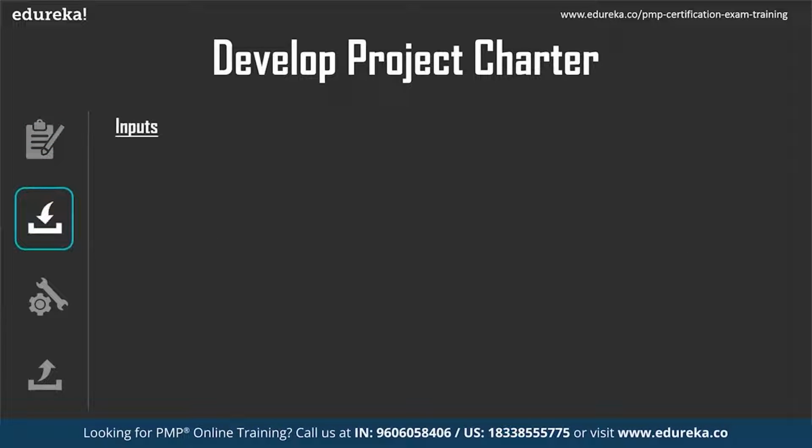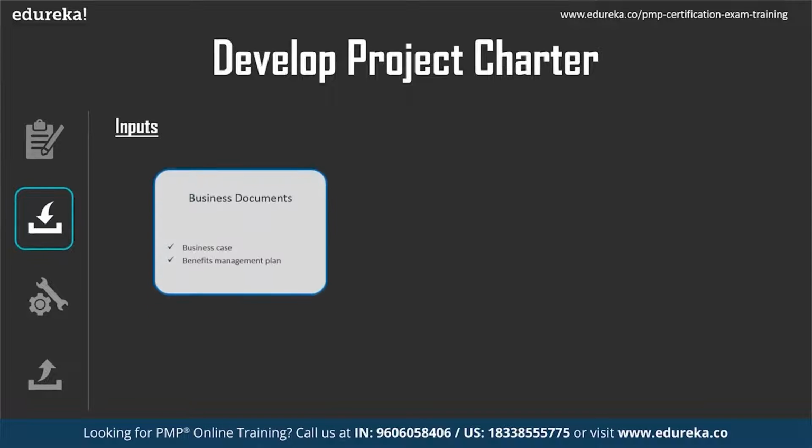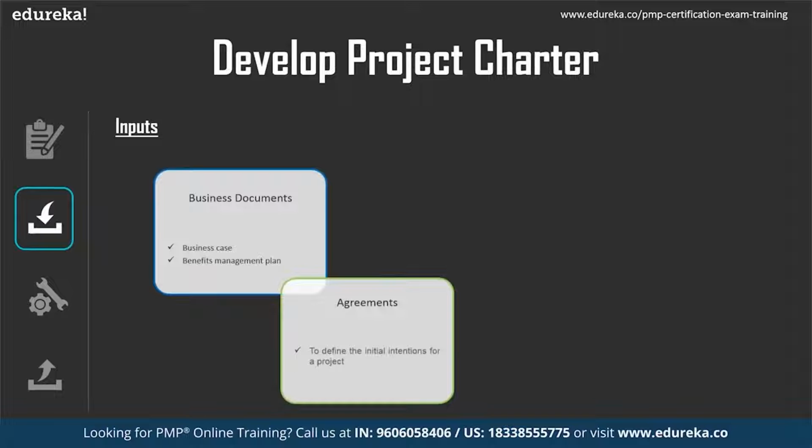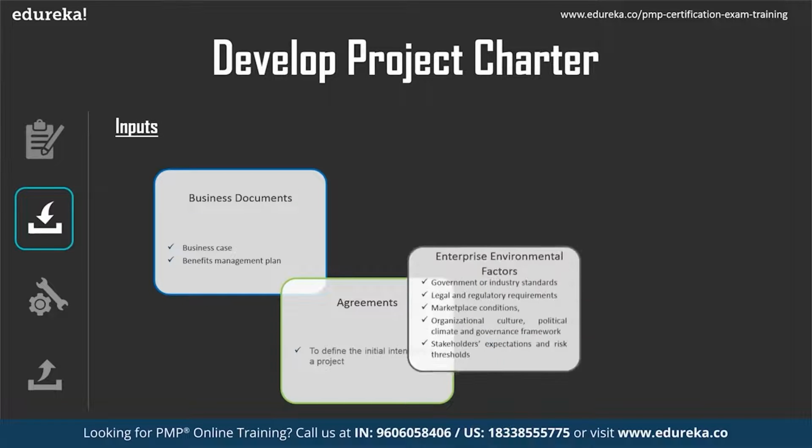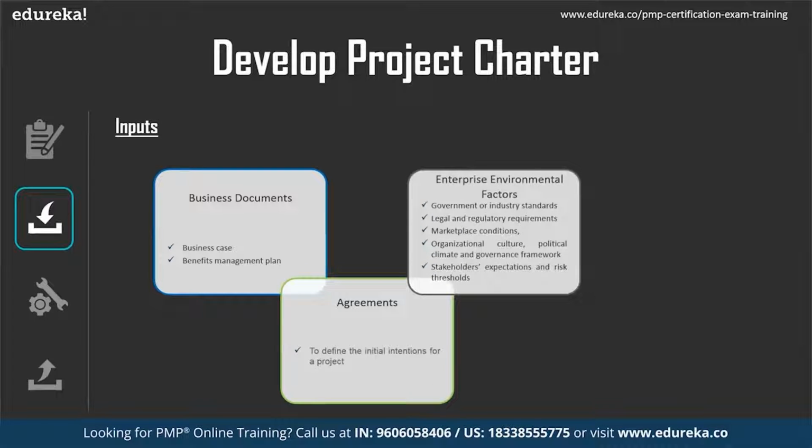The inputs to the develop project charter process include the business case, the benefits management plan, and agreements to define the initial intention for the project. Then enterprise environmental factors, which are very important because the project happens in that environment: legal, regulatory, market conditions, organization's culture, environmental and social conditions, stakeholders' expectations and their behaviors.